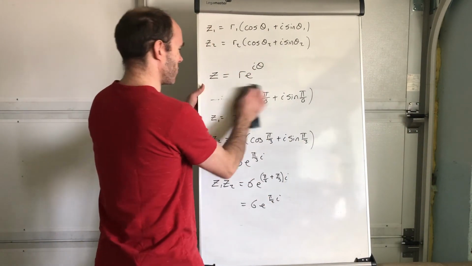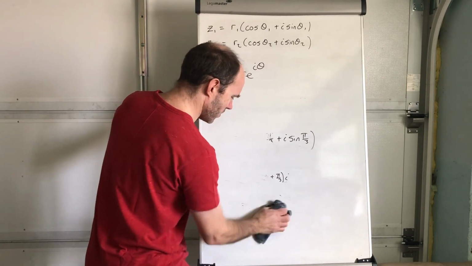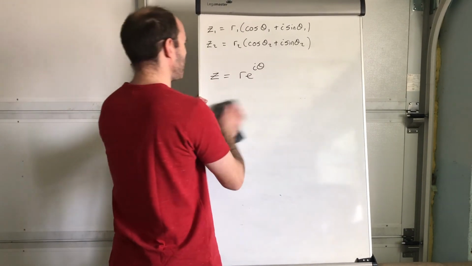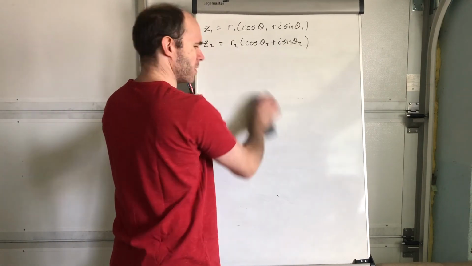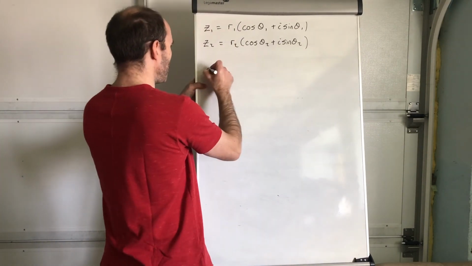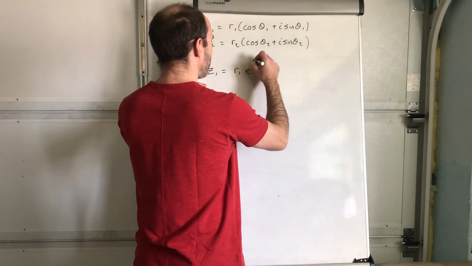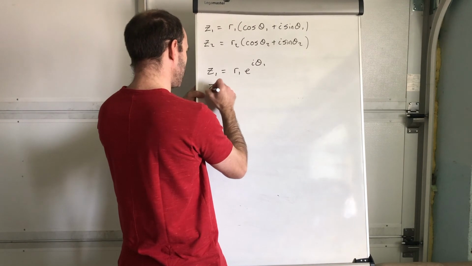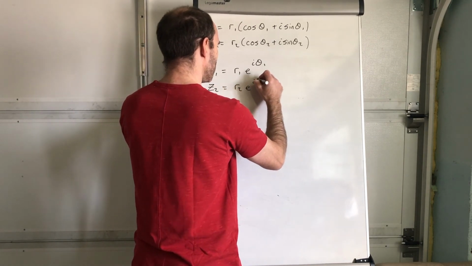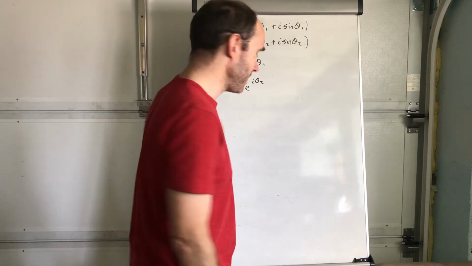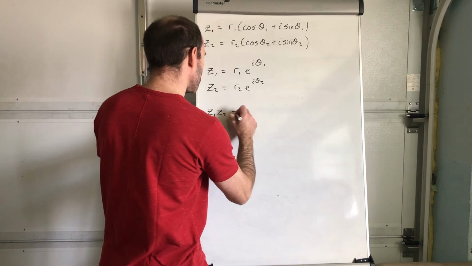Let's just work out the proof then, using this Euler notation. So z1 can be written as R1 e to the i theta 1, and z2 is equal to R2 e to the i theta 2. Let's see what happens when you multiply z1 and z2 together.